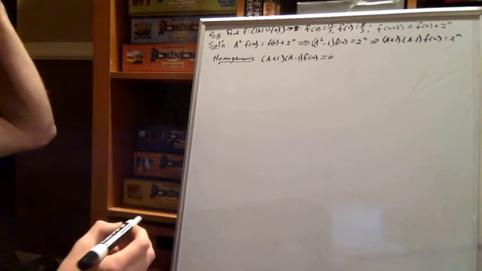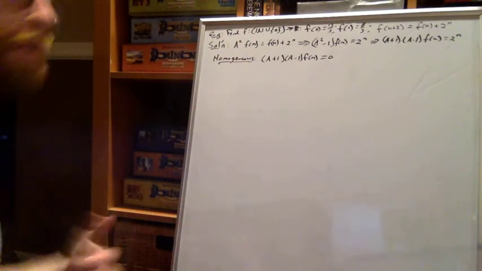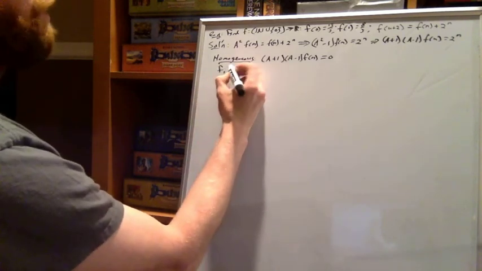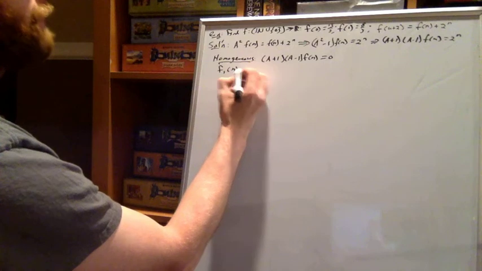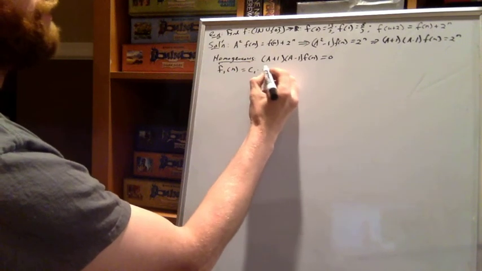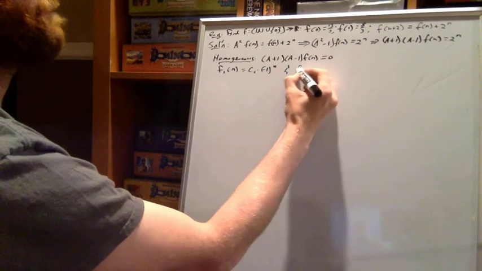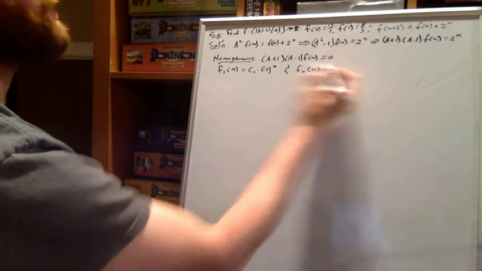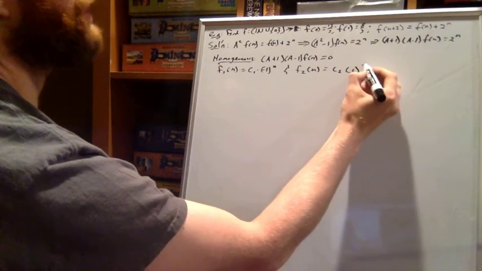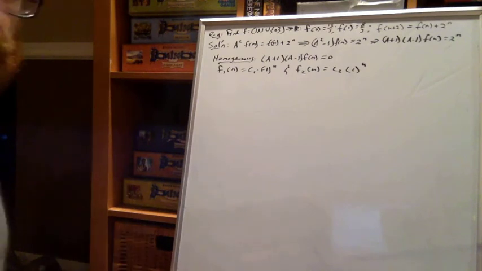Having done several of these recently, you should already see the answer: f1 of n is c1 times negative 1 to the n, and f2 of n is c2 times 1 to the n. That deals with the homogeneous part.